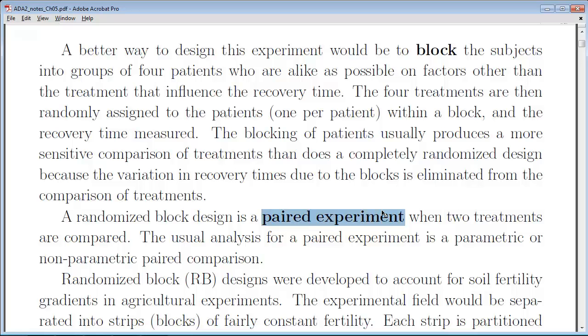You know, I'm different from you, and I have my own resting heart rate and exercise heart rate, and the effect of exercise is the difference between those two values. And that's a nice way to reduce the variability between people, but get cleanly at the effect of the difference in exercise treatment. Okay. So that's a case where the blocks are people.